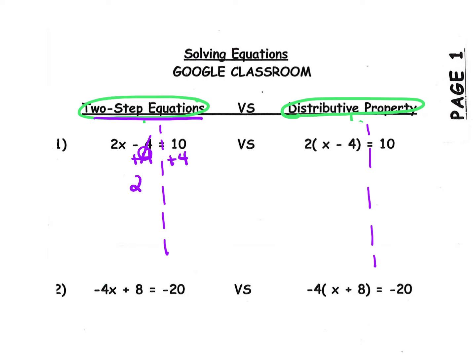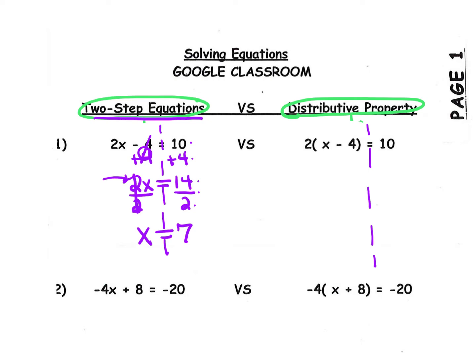We're left with 2x equals 10 plus 4, 14. And now we want to get rid of the coefficient 2, so we divide each side by 2. X equals 14 divided by 2. In this case, our answer is 7.